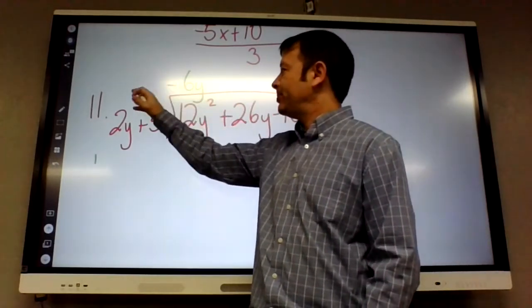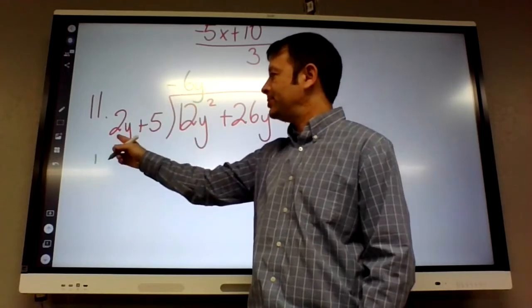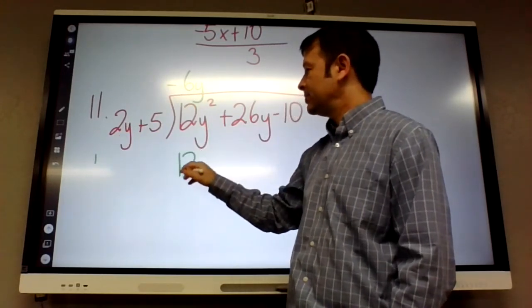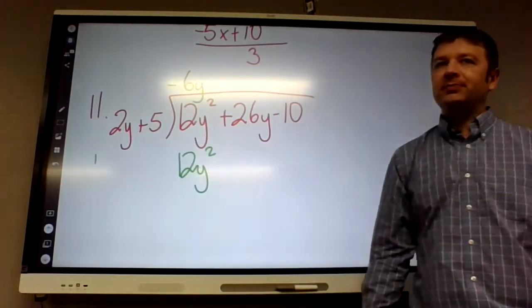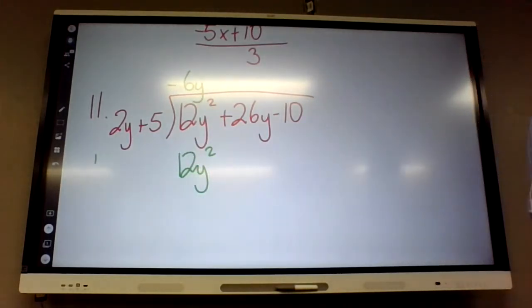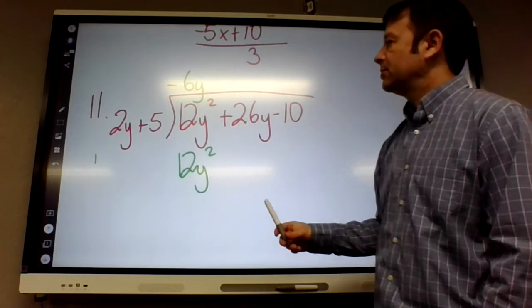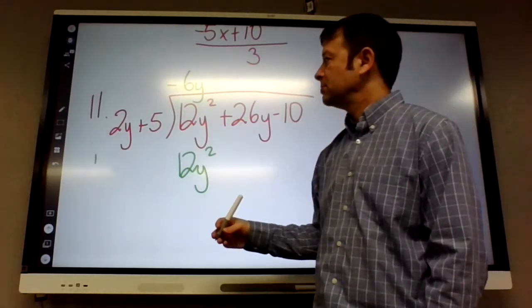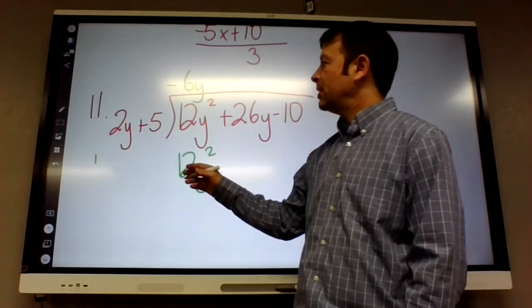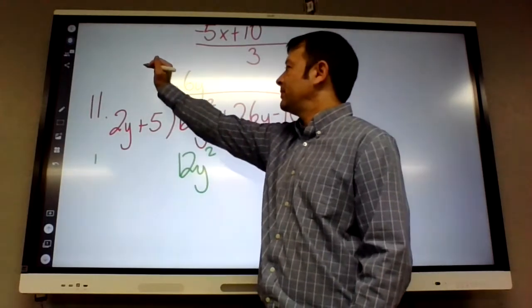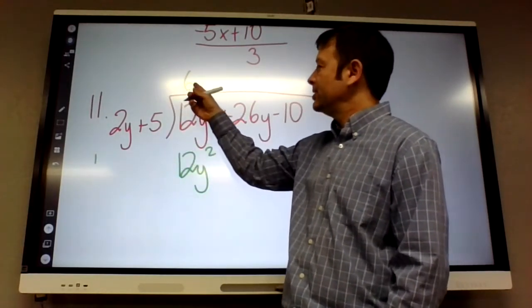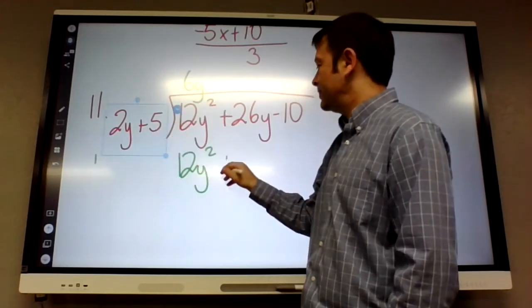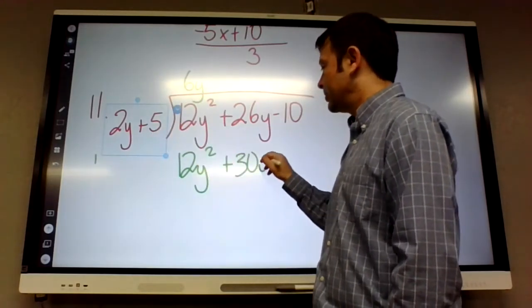Okay, and then multiply that out. 6y times 2y, 12y squared. If you're doing it right, the first one should always match up because they're going to cancel out. It's 12y squared now, but I'm going to minus it later. 6y times 5 is 30y.